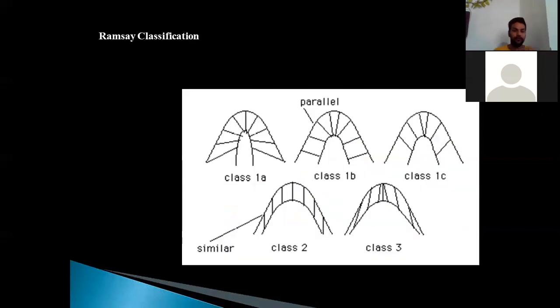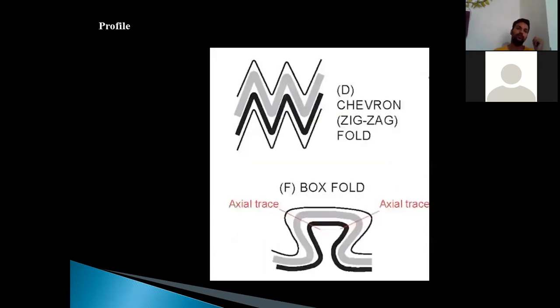Then we have seen the Ramsey classification, where class 1, class 2, and class 3 are given. It depends on the curvature of the inner and outer margin. If the margin is acute on the inner side, it is class 1. If it is acute on the outer side, it is class 3. And if both the margins have the same curvature, you call it class 2.